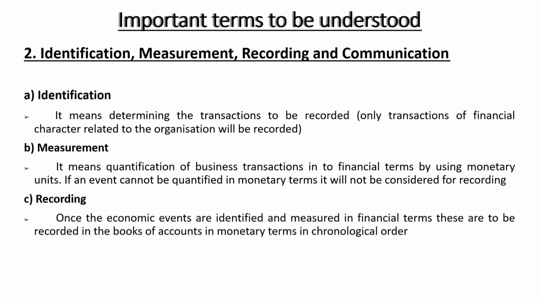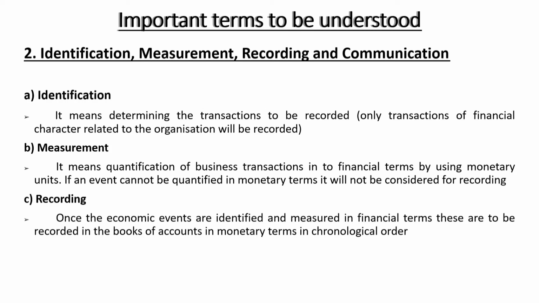So first, the transactions of financial character have to be identified. Second, those identified transactions have to be quantified in terms of money, and those quantified transactions have to be recorded in the books of accounts in terms of money and in chronological order.